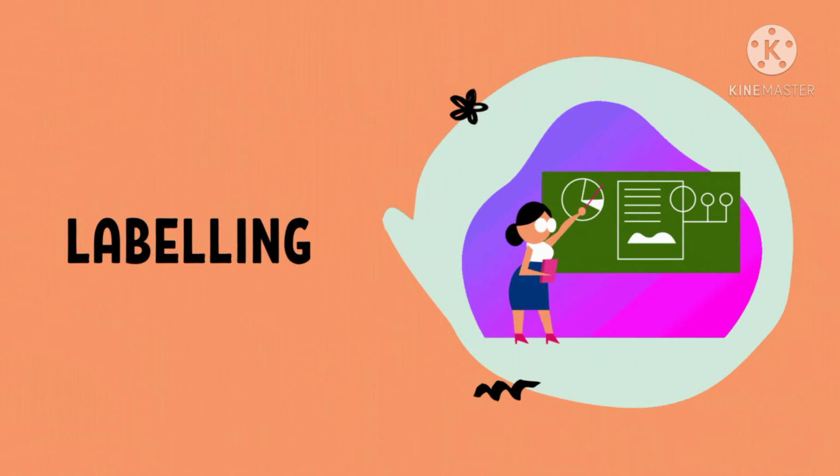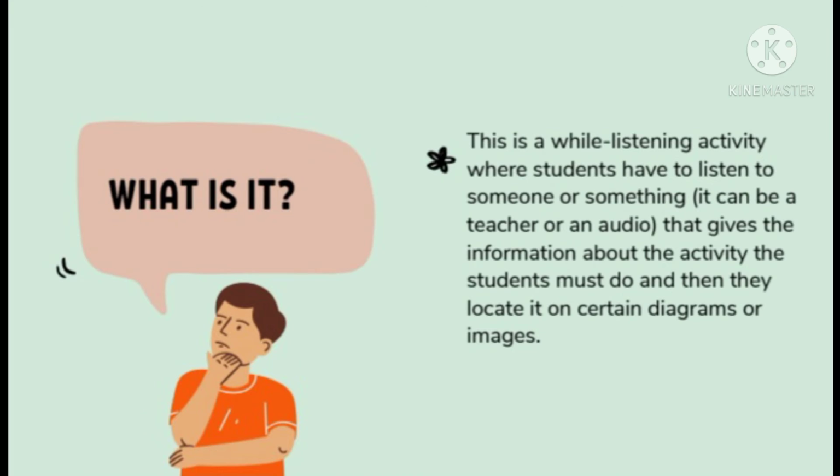And the second topic is labeling. But what is it? This is a while-listening activity where students have to listen to someone or something. It can be a teacher or an audio that gives the information about the activity the students must do, and then they locate it on certain diagrams or images.